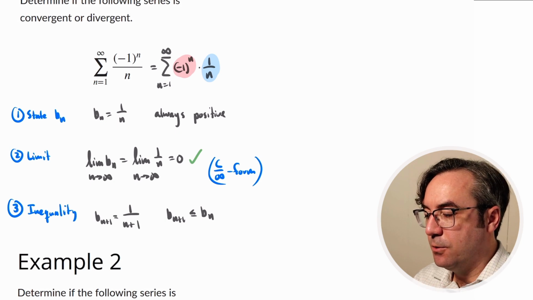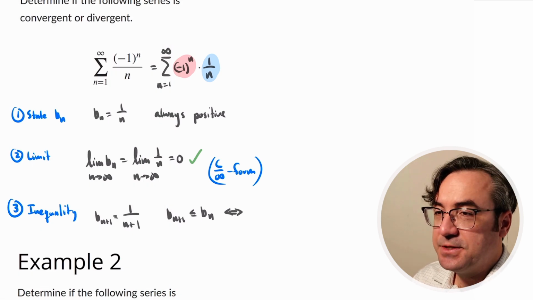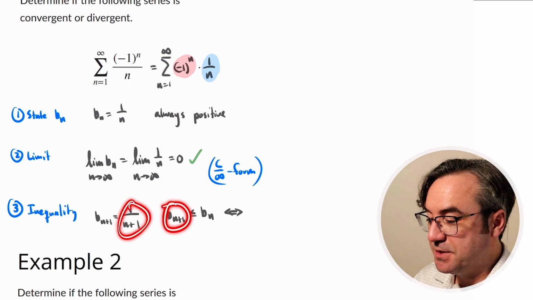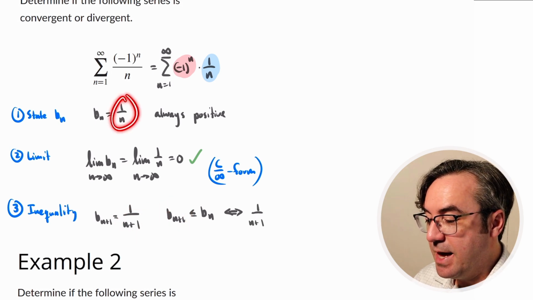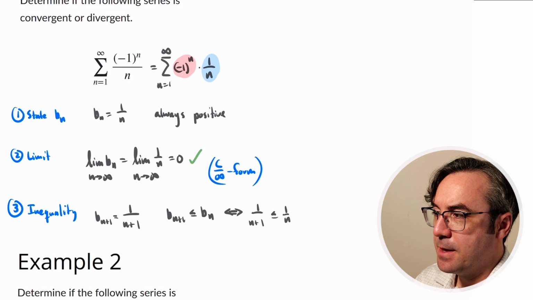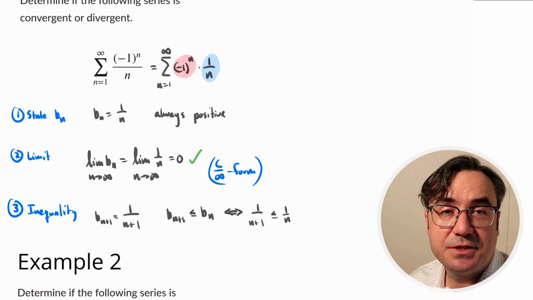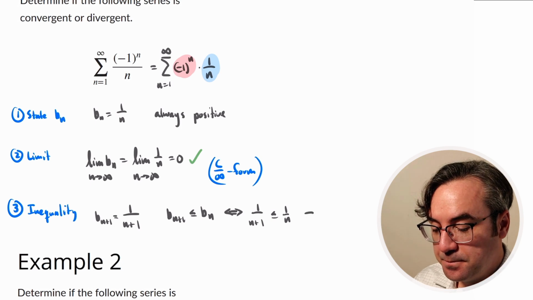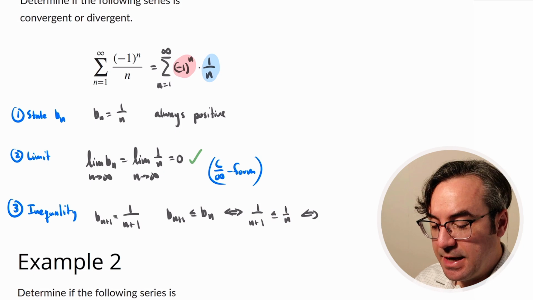Okay, so we want to prove this inequality. Let's start by filling in what each of these terms are. Bn plus 1 is this fraction, and Bn is the fraction 1 over n. And we want to get this inequality to something that's obviously true. So if we cross multiply, we multiply the 1 and the n plus 1, and the 1 and the n.